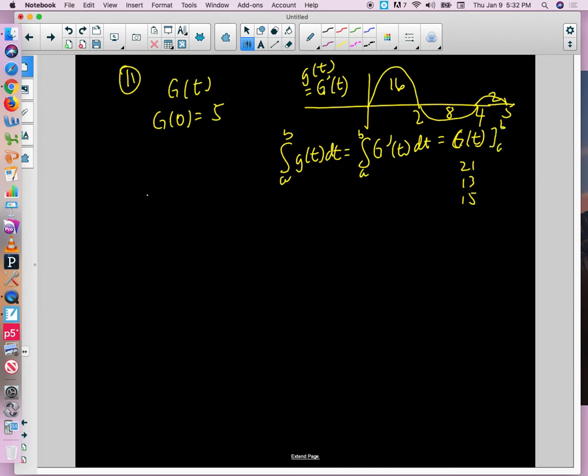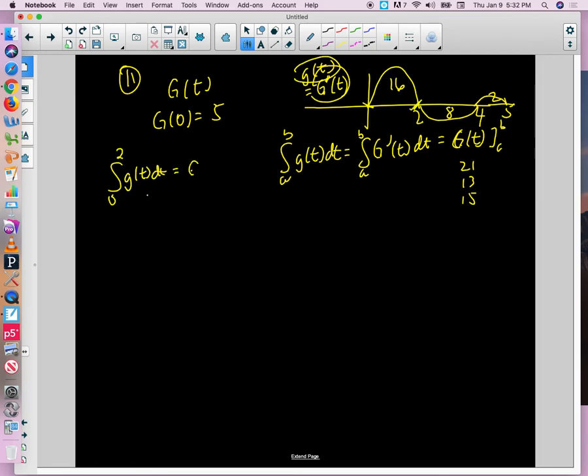Okay. So again, it's worded kind of weird, but the graph of the antiderivatives satisfying G of 0 equals 5. On the test, it would have to be worded a little bit better than that. But I'm going to integrate little g, which is the derivative of big G. So the antiderivative of g of t will go from 0 to 2.